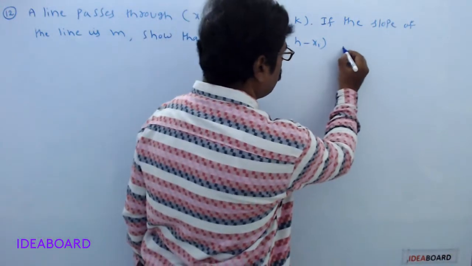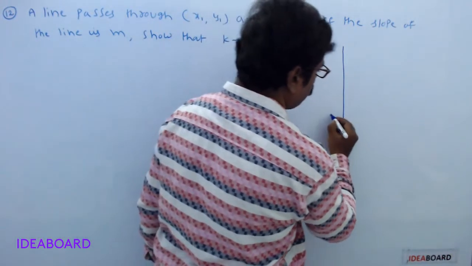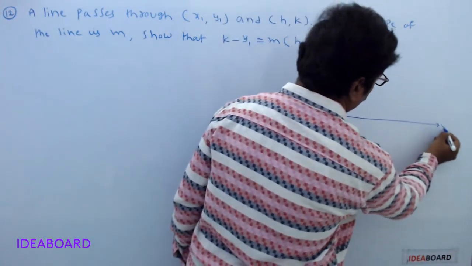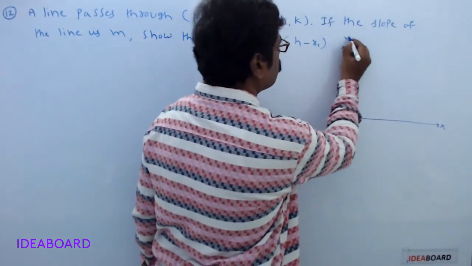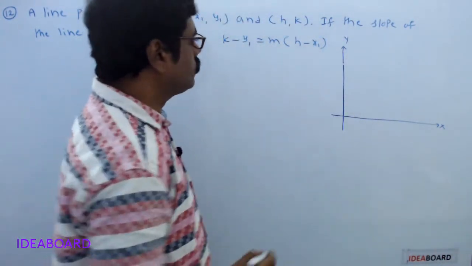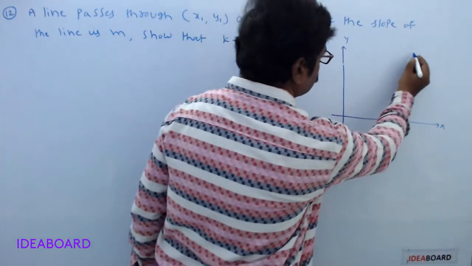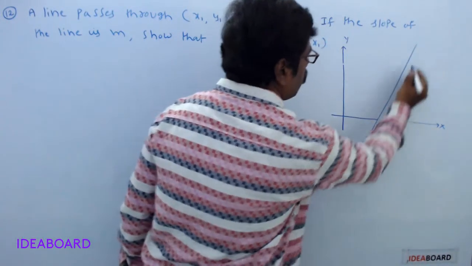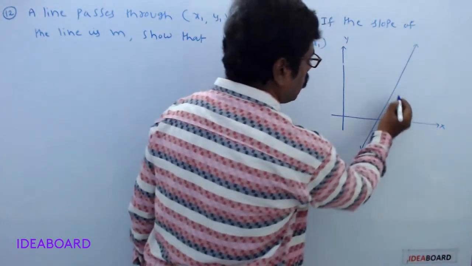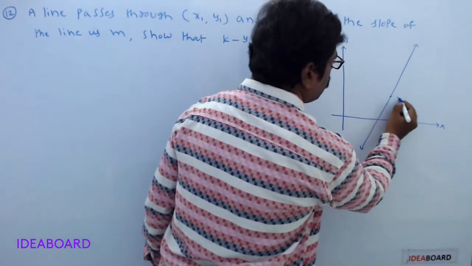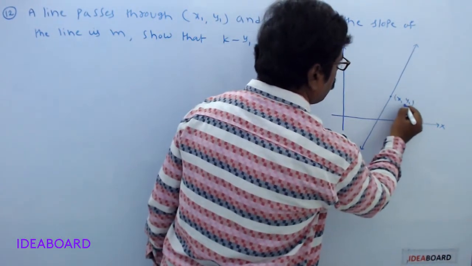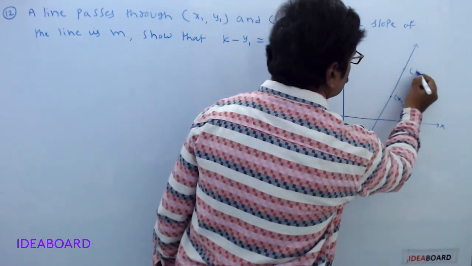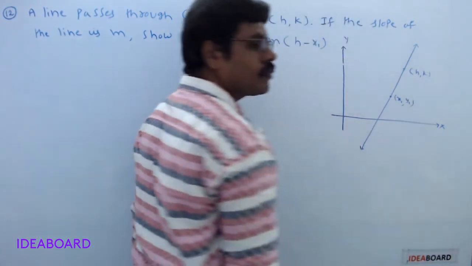First take the coordinate axes, x-axis, y-axis. Now draw a line, suppose this line passes through the points x1, y1 and h, k.